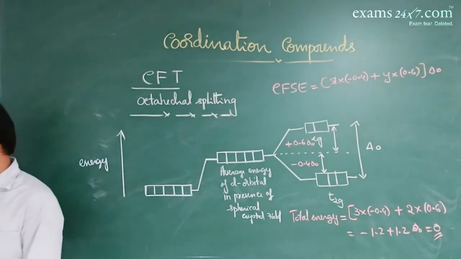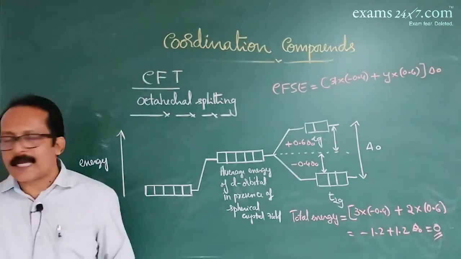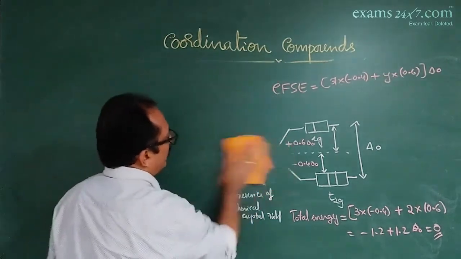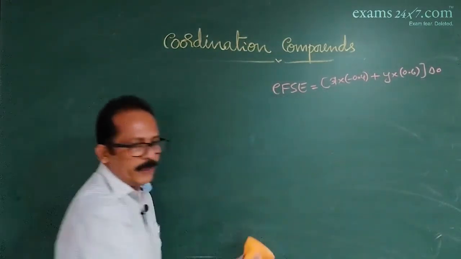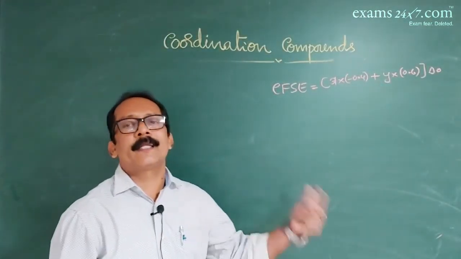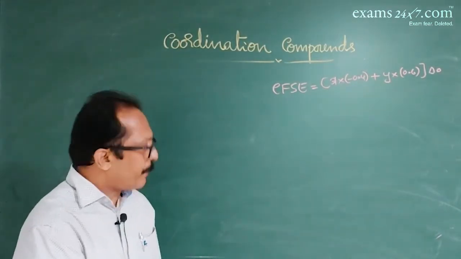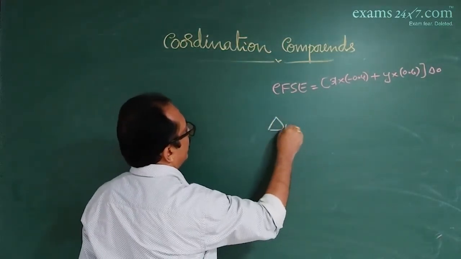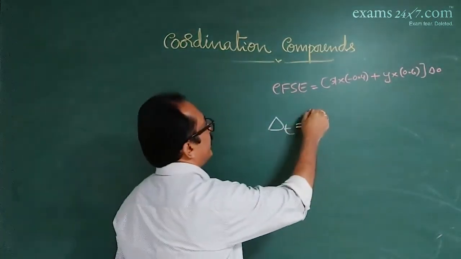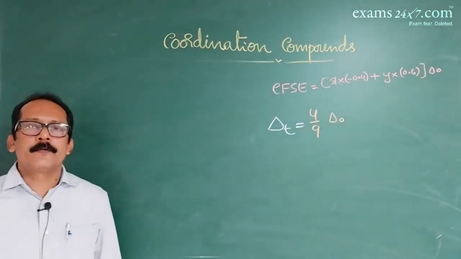Now, the oxidation state of the central metal atom or metal ion is directly proportional to crystal field splitting. When you go for tetrahedral splitting, it is the reverse. EG has lower energy, T2G has higher energy. When you compare tetrahedral splitting, delta T is equal to 4 by 9 delta O. So this is about crystal field stabilization energy.